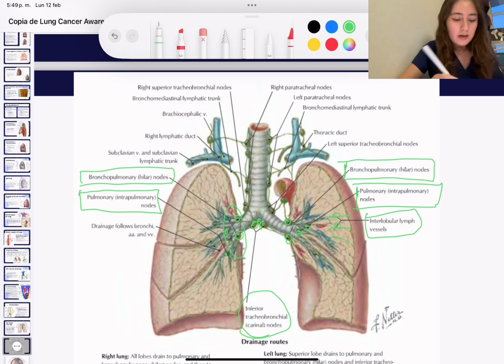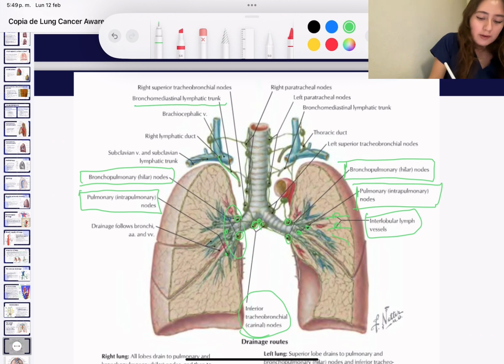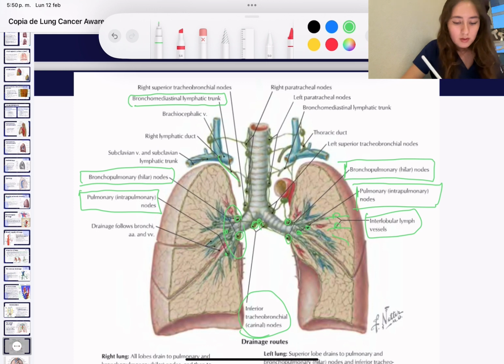Okay, right here we have the right lymphatic duct and the bronchomediastinal lymphatic trunk. So the bronchomediastinal lymphatic trunk then drains into the right lymphatic duct, the subclavian vein and the subclavian lymphatic trunk.